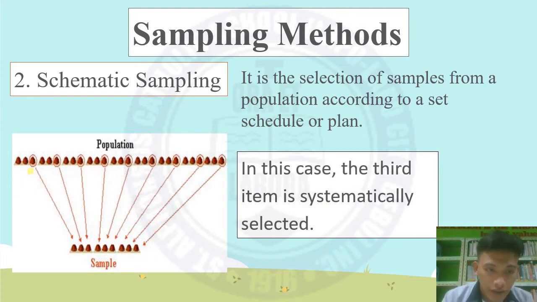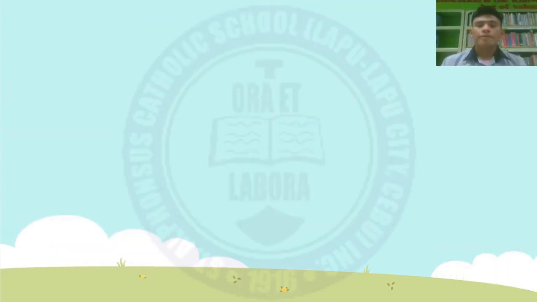So every third item is being selected as our sample. You get the picture? So the third item is systematically selected as our sample. That will be systematic sampling.